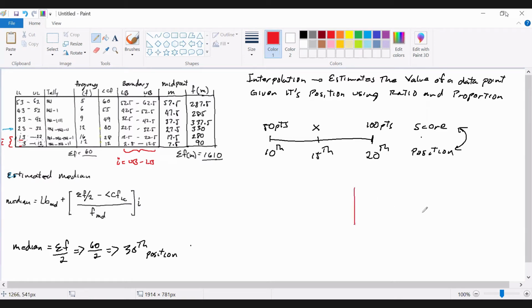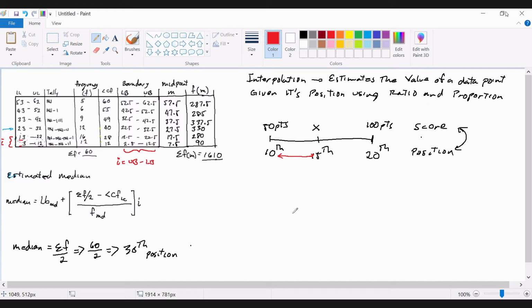Usually we use ratio and proportion in triangles wherein we use the length, correct? Okay, so let's talk about length. If I'm going to compare the distance between 15 and 10, how do you get that? What's the distance between the two? 5.